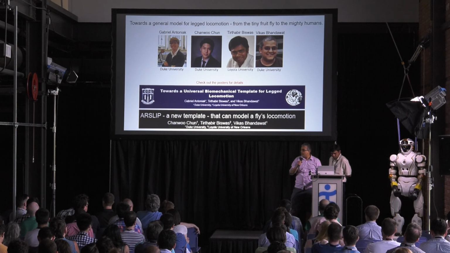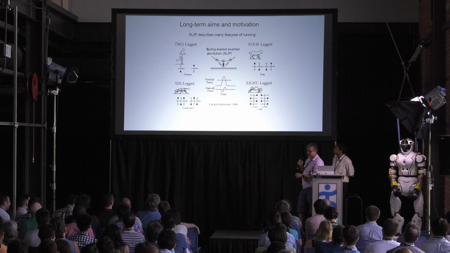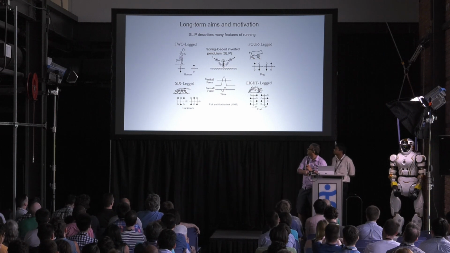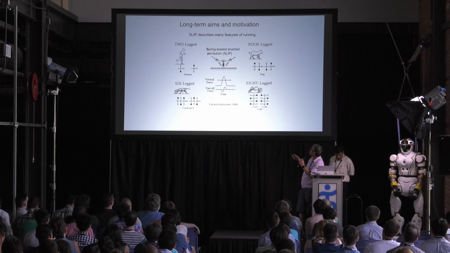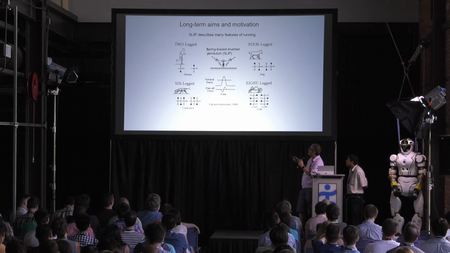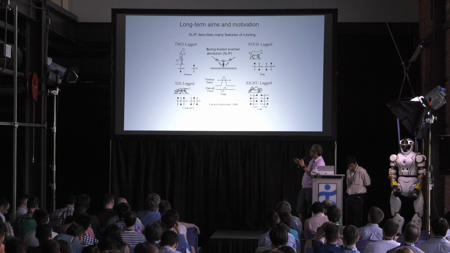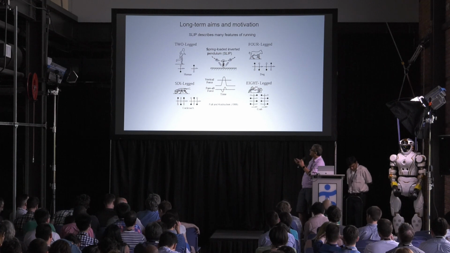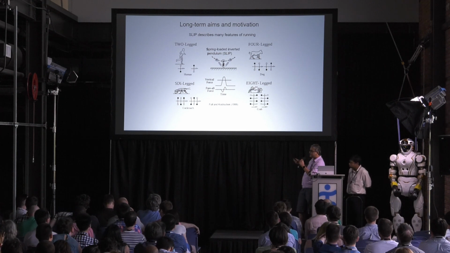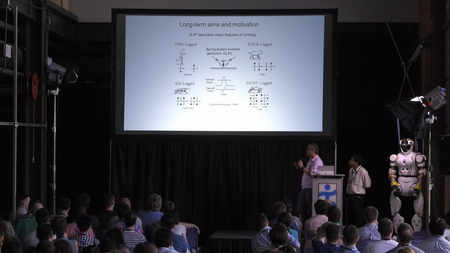As you all know, the classic example of such a mechanical model is SLIP, where you have a single effective leg that can describe both the center of mass kinematics as well as the pattern of ground reaction forces for many different runners that use different numbers of legs, for example.